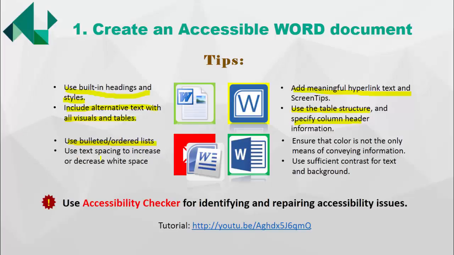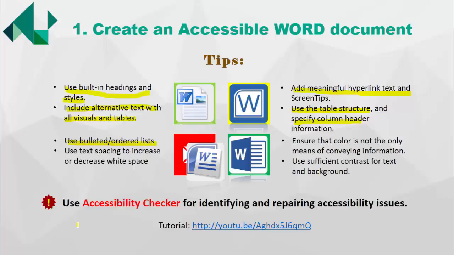Do not input enter to increase the white space. And the last 2 points are about color. So color should not be the only means of conveying information. Why is that? Because some people have color blindness. And last, use sufficient contrast for text and background.